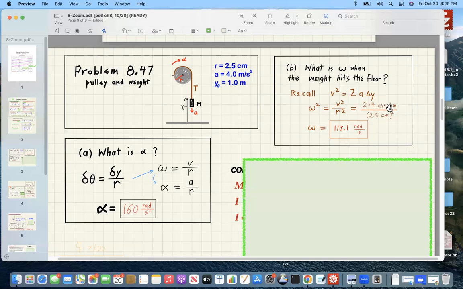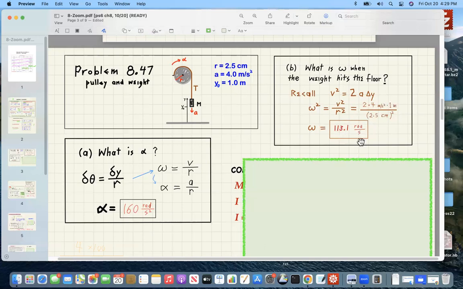2a is given as 4 meters per second squared, delta y is 1 meter, and the radius is 2.5 centimeters squared. So omega squared is roughly 113 radians per second, and you have to take the square root of this.